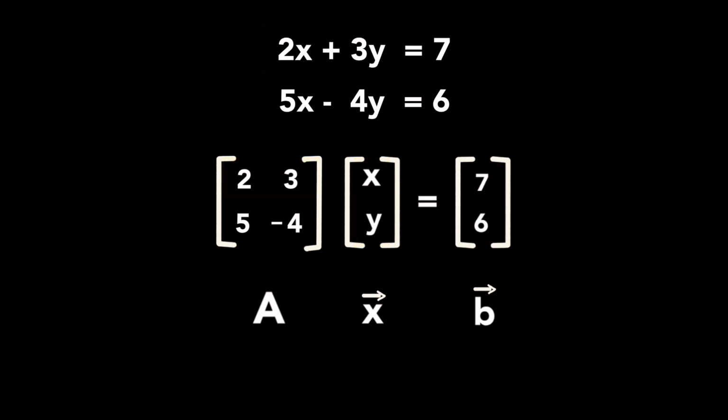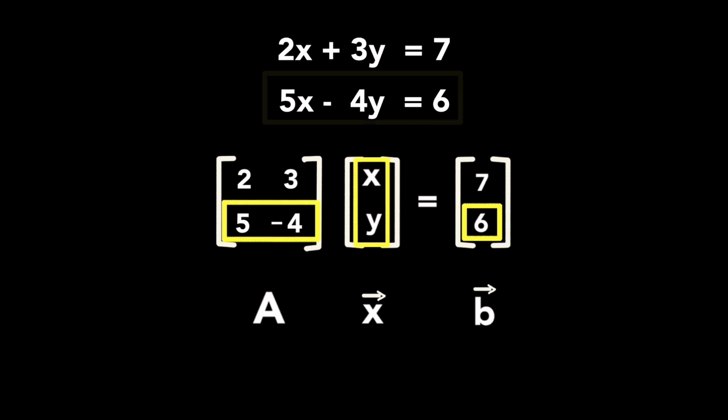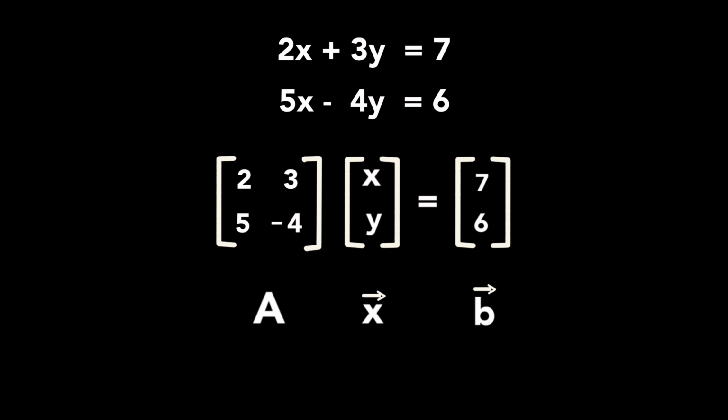And the second row of the matrix times the vector plus the b component results exactly in this equation. The matrix is usually denoted with a capital letter, for example A. And this vector here, the vector of unknowns, is generally written as x with an arrow over it, or simply in bold. The same goes for the result vector b. I'll stick with the arrow notation.